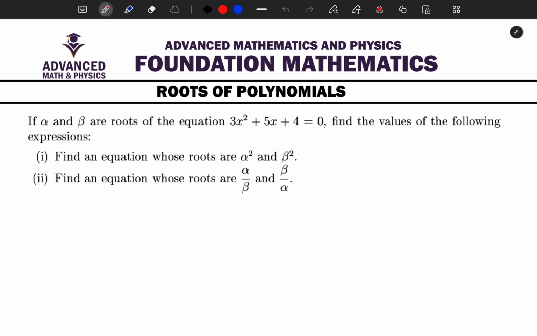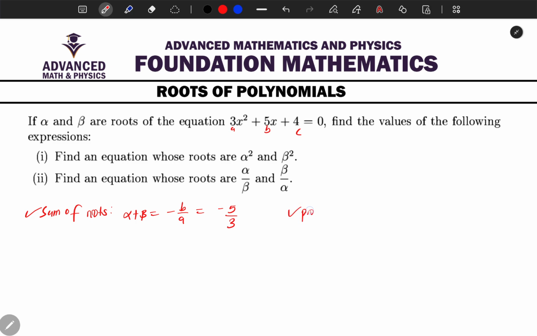All you have to do is, step 1, find the sum of roots. So the sum of roots, alpha plus beta, is given by negative B over A. And our A is that, our B is that, our C is that. So we get negative 5 over 3.